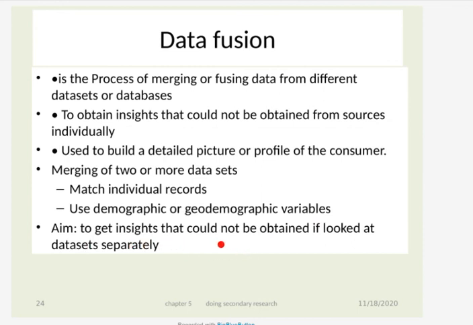And here the aim is to get insight that couldn't be obtained if looked at one data set separately. We want to make a complete picture of a certain profile of a certain consumer, so we take different data sets, secondary data from one source with other secondary data from another.